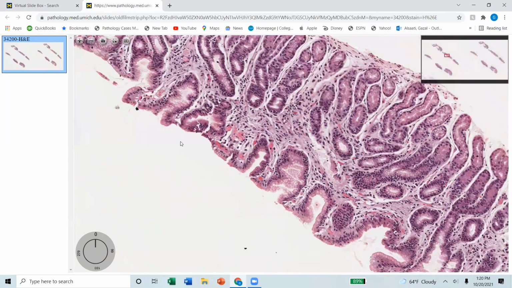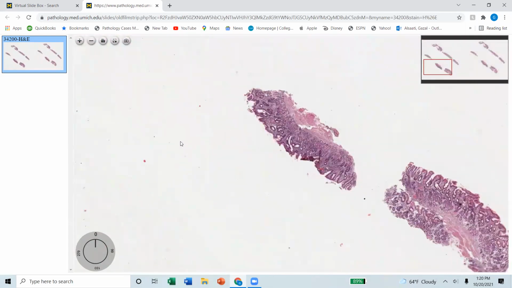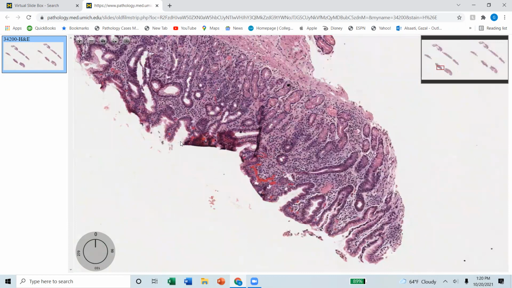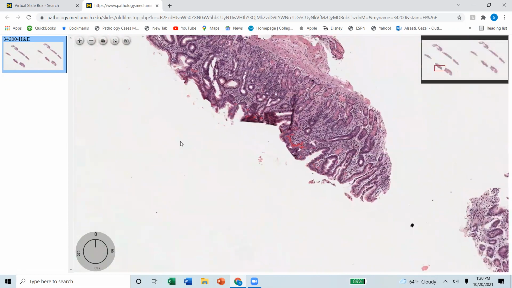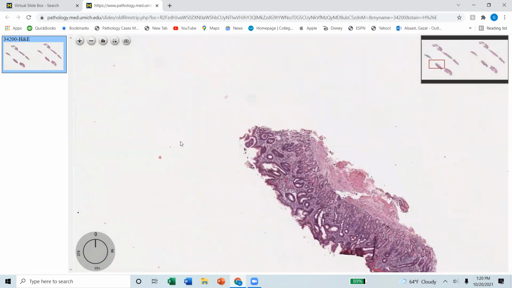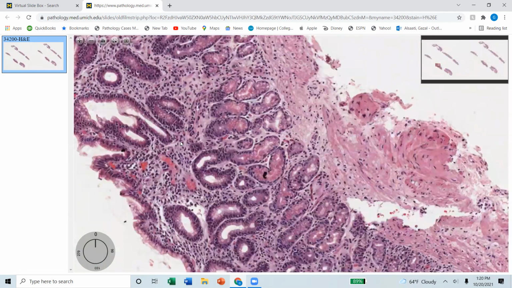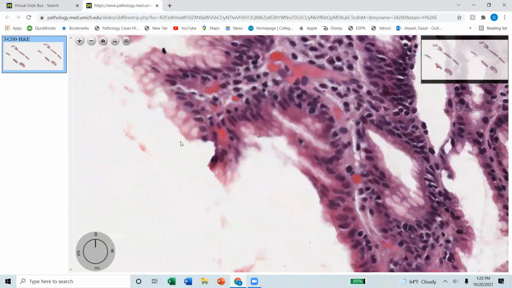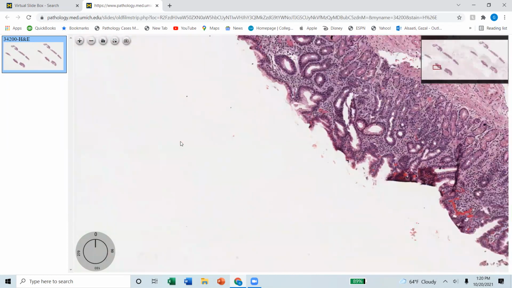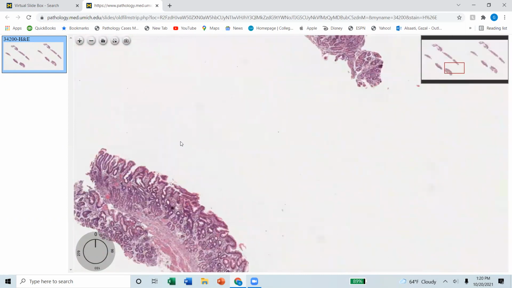I want to make sure that this is not... Wait, that makes me think that this is even a stomach biopsy. This is the patient's stomach. That same patient, they gave us the stomach and they gave us the duodenum.